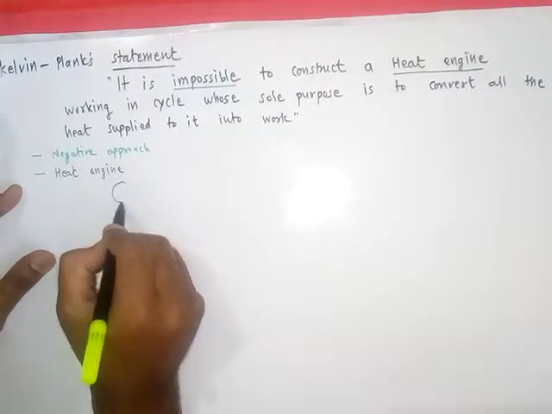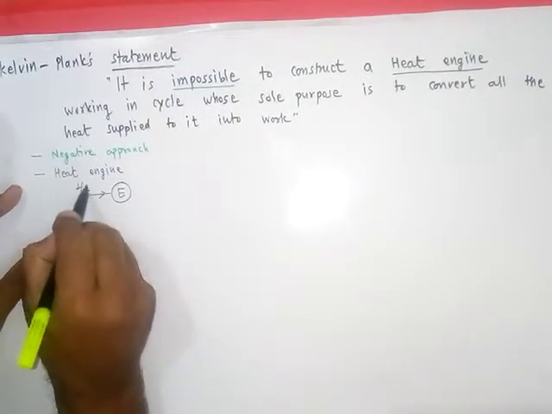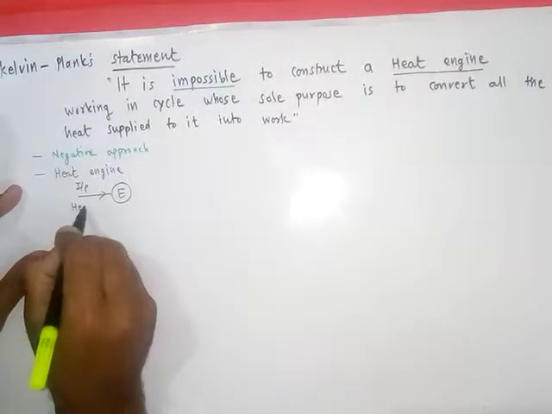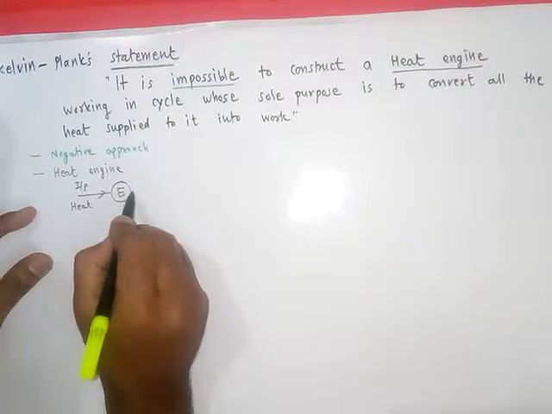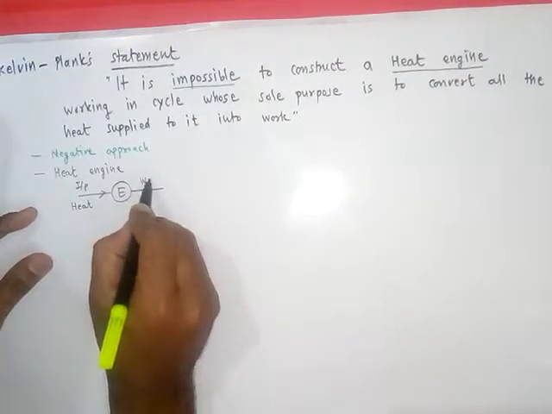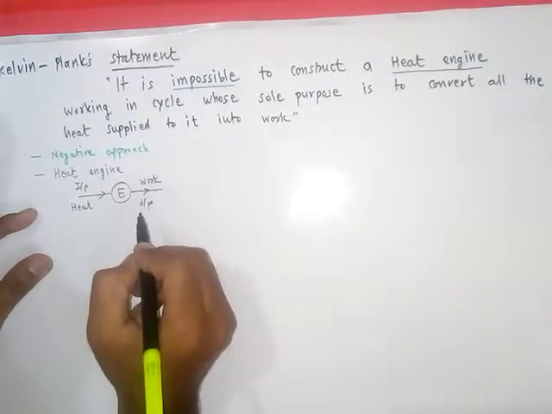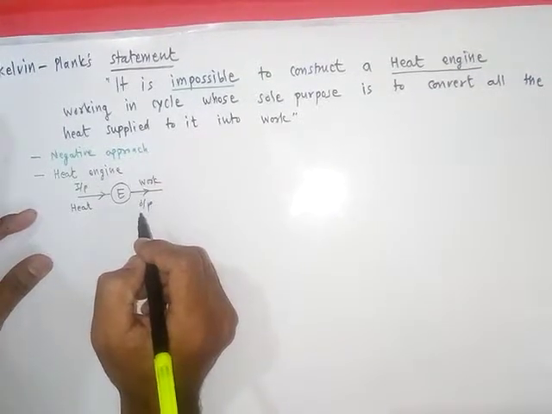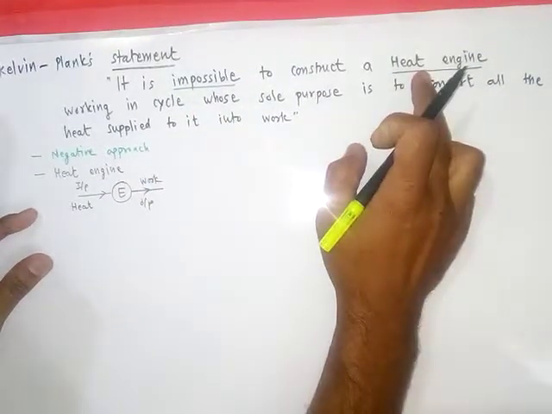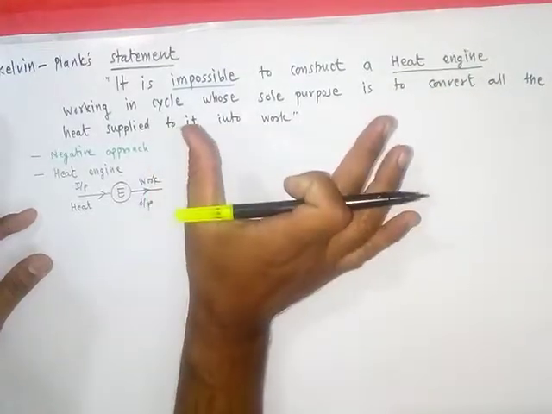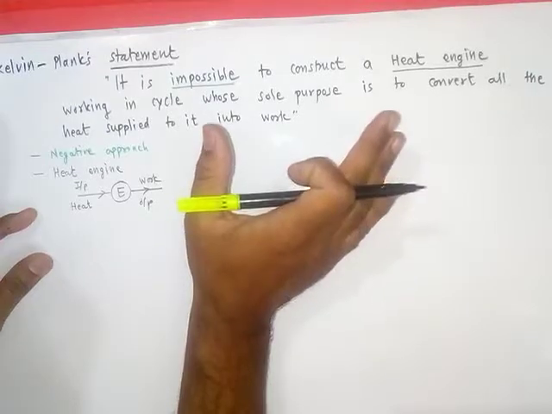It takes input energy as heat and converts it into work, so the output from a heat engine is mechanical work. So Kelvin-Planck's statement is related to one of the impossible heat engines.